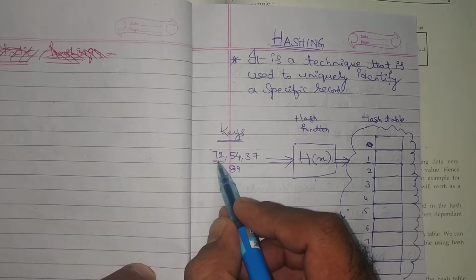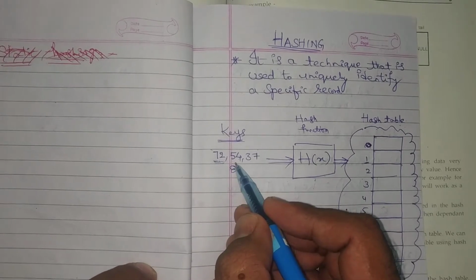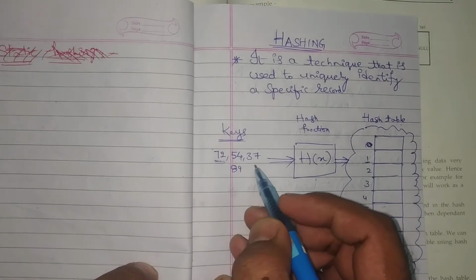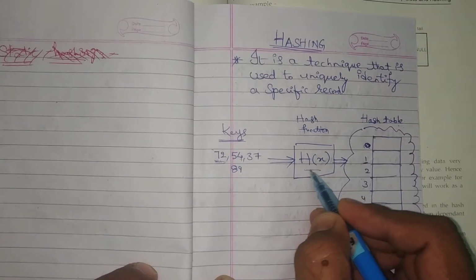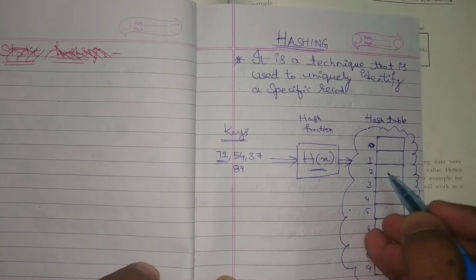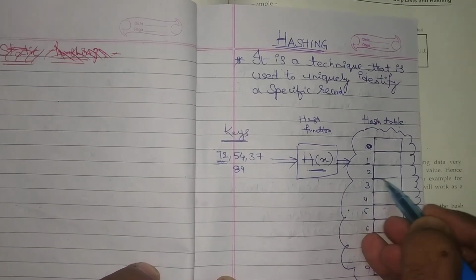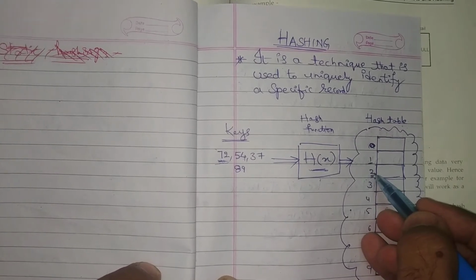So if you want to identify where we are storing 72 or 54, and 37, 89, you have to process the hash function on the given keys so that we can identify the corresponding index positions.